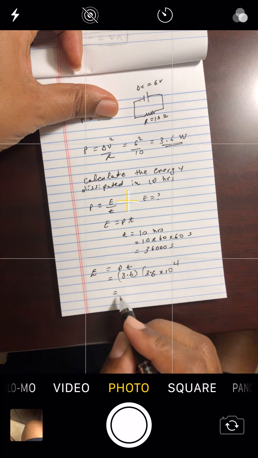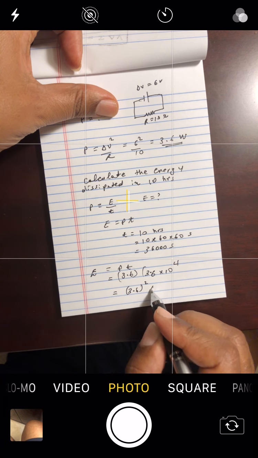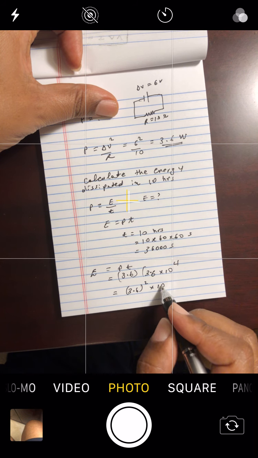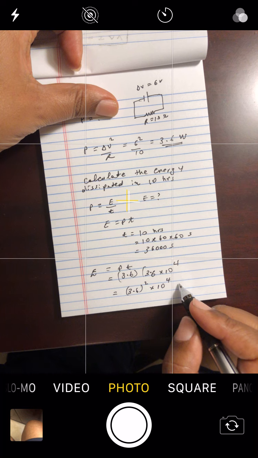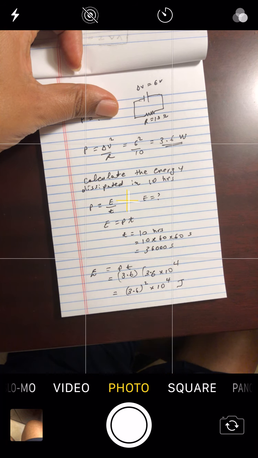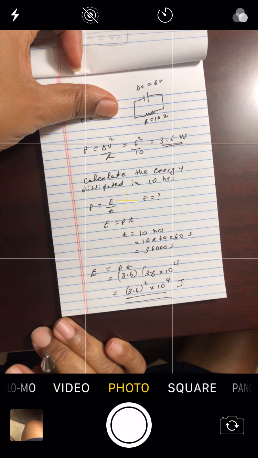So this would be 3.6 squared times 10 to the power of 4, and that is joules. So this is how much energy you get in 10 hours.